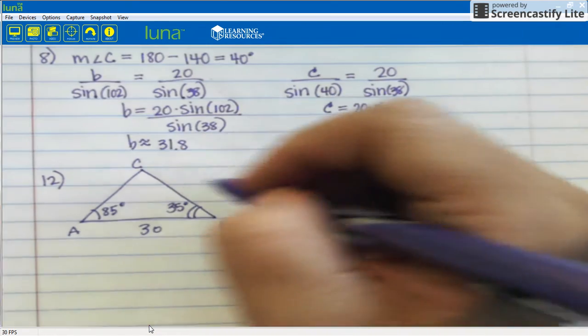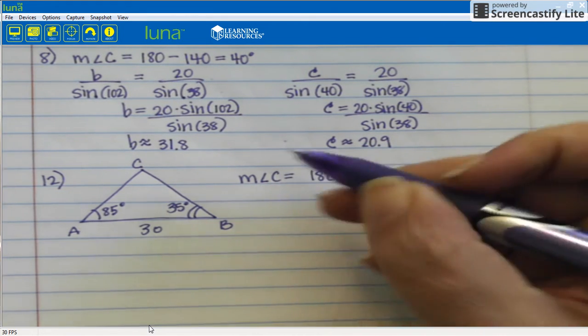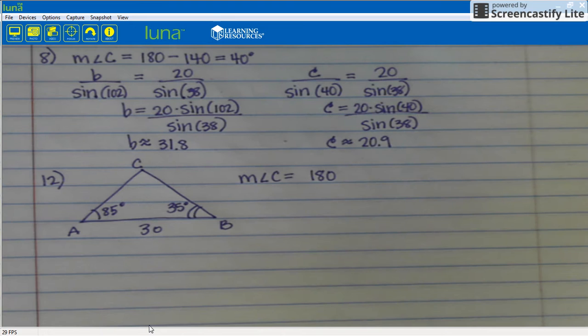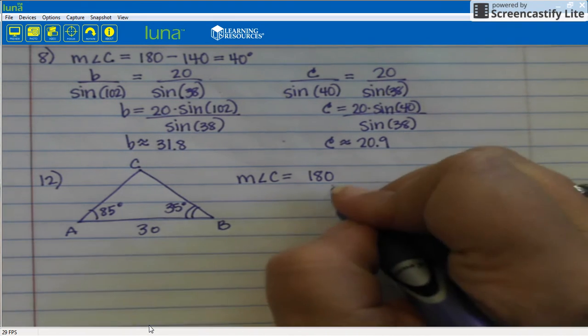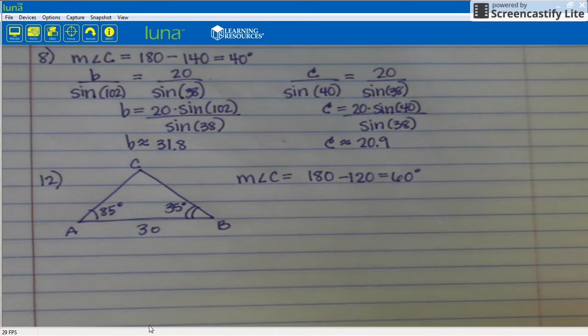And so you need to find the measure of angle C, which is 180 minus 85 minus 35. So this is minus 120, so it gives you 60 degrees.